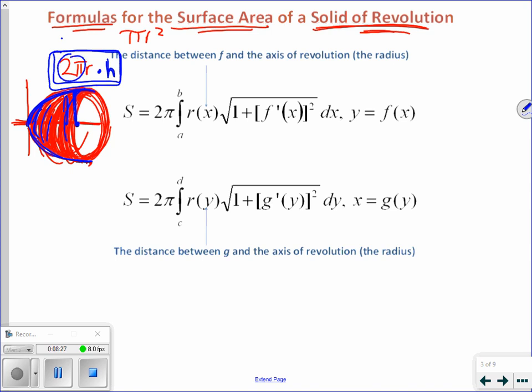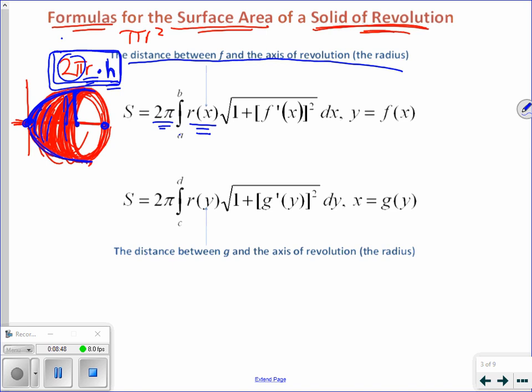Well, if this is the formula we're going to be dealing with, since 2 pi is just a constant, 2 pi is always going to come out of the integral. A to B is just the distance from the leftmost point to the rightmost point. And then we're left with R and H. R of x is just going to be the distance between f and the axis of revolution, as you can see in the picture right here.